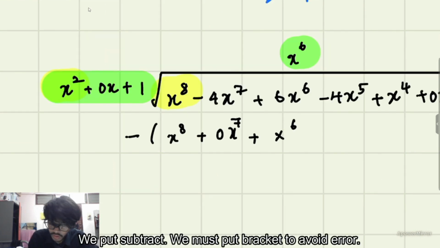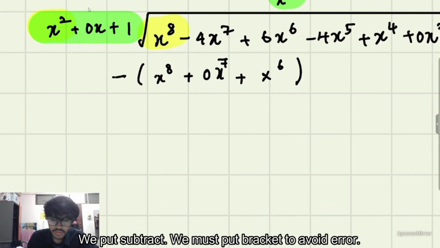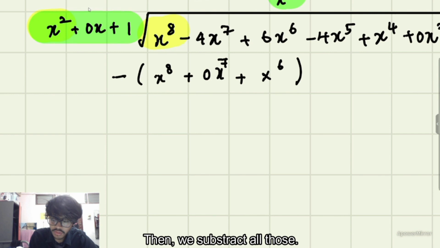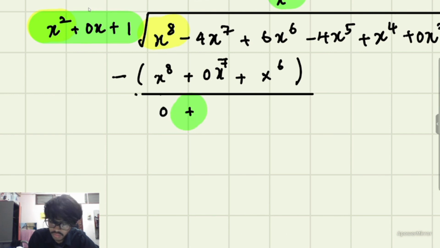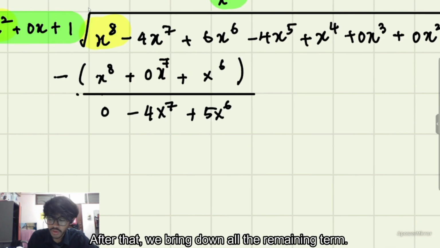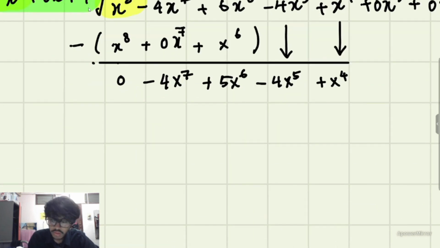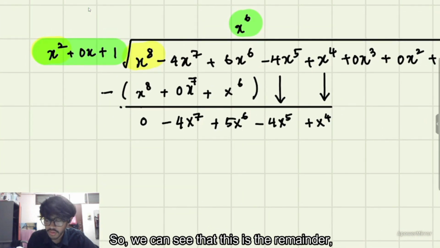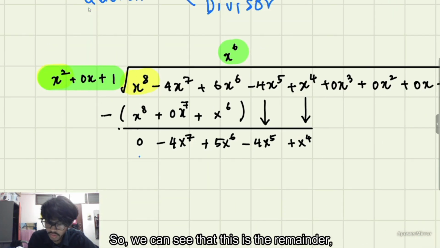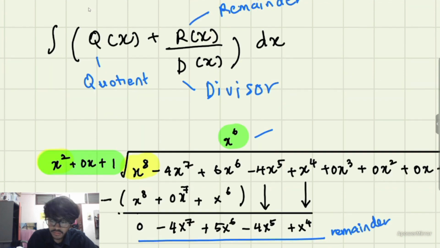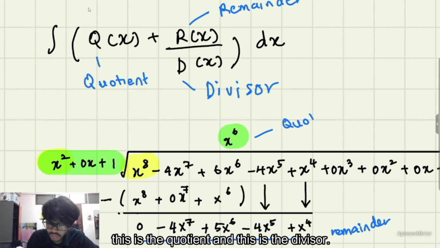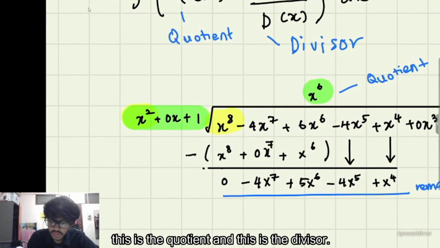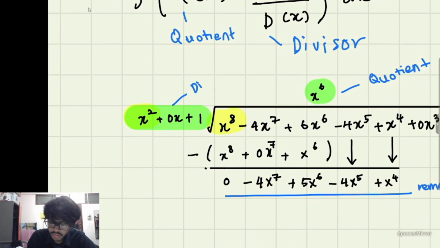Then we put subtract and we put bracket to avoid error. Then we subtract all the terms. After that, we bring down all the remaining terms. Then we get the function like this. So we can see that this is the remainder, this is the quotient, and this is the divisor.